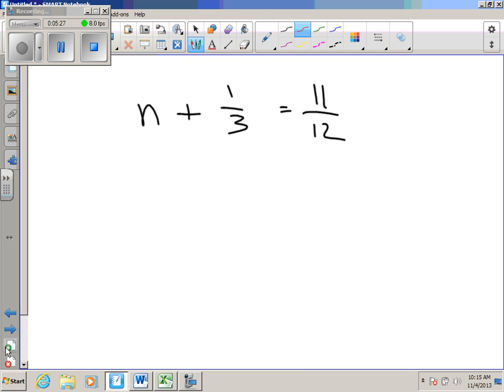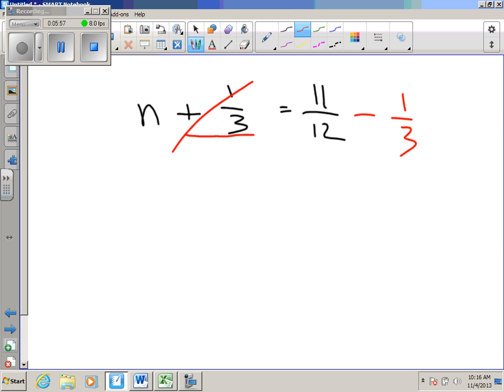So my variable in this case happens to be an n. What's happening on the same side of n? We are adding 1/3. So the opposite of adding 1/3 is going to be subtract 1/3 from both sides. Now there's a slight problem. In order to add or subtract with fractions, they need to have common denominators.